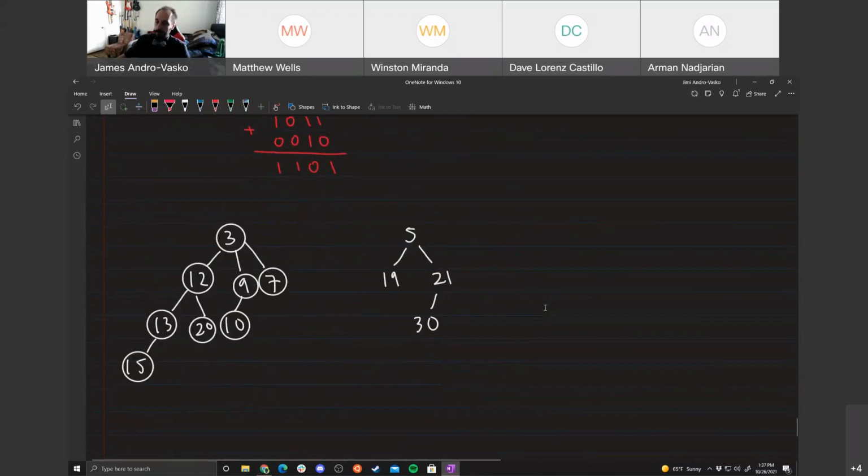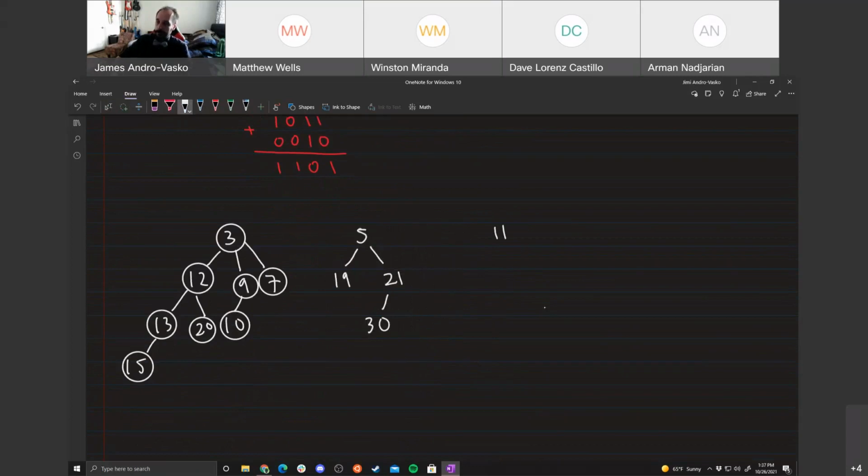It's a B0 tree, there's nothing to merge with there. I'll move this over a little so it's not sticking out there. 11 will be by itself, like that. So I'll circle these so it looks consistent with the rest of our pictures.